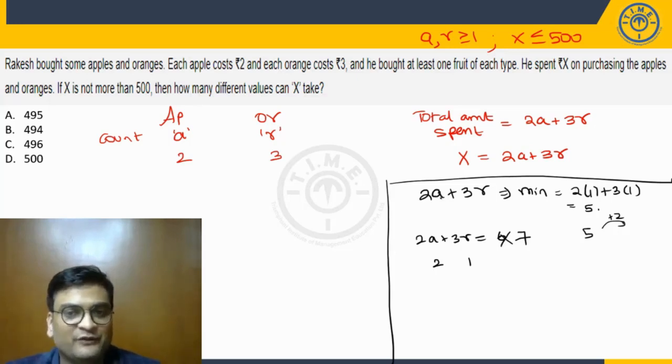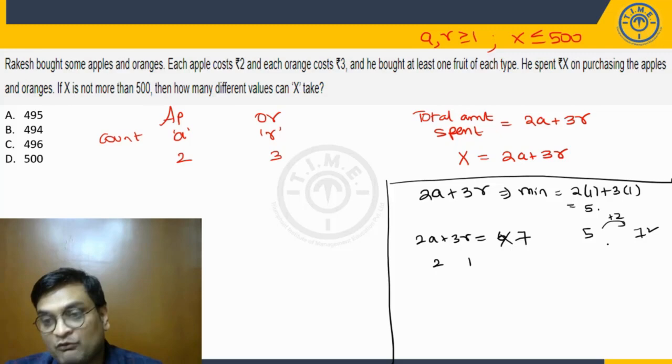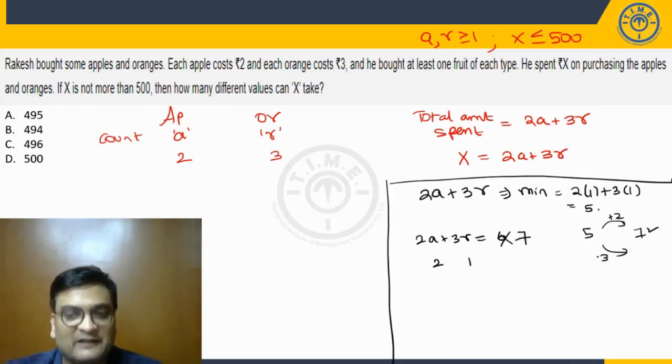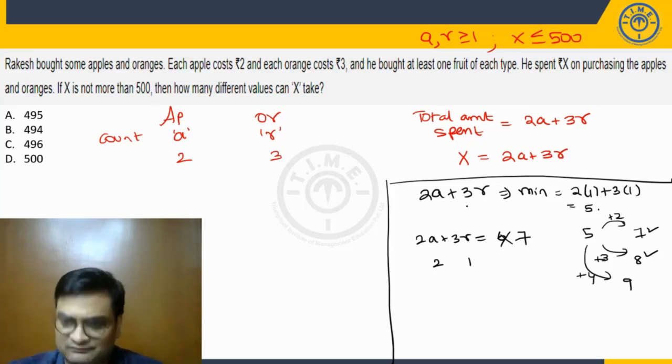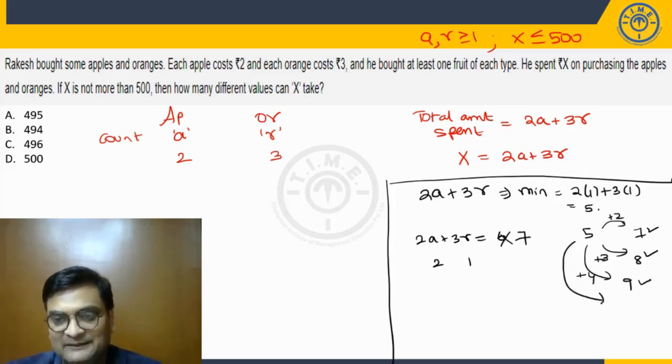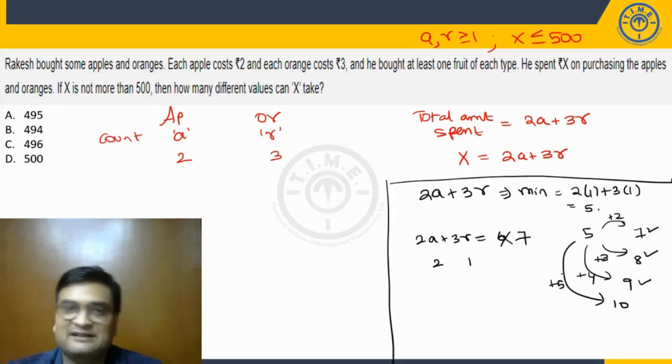So if you put A as 2 instead of 1, the value goes up by 2. So 7 is possible. What about 8? You have to increase by 3. That's also possible. If you want to make it 9, you increase by 4. That's very much possible, you increase A by 2.